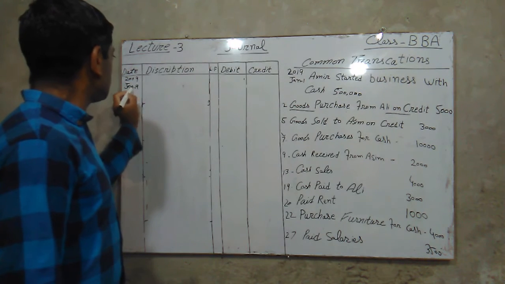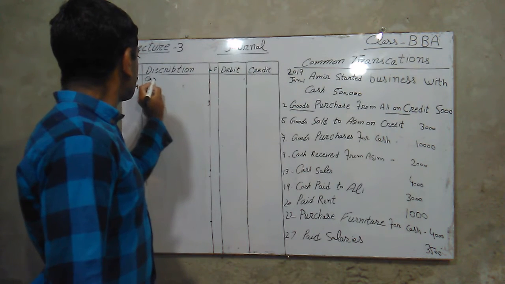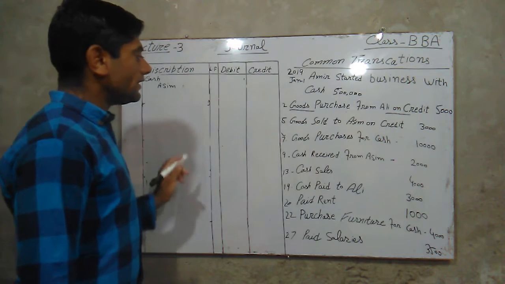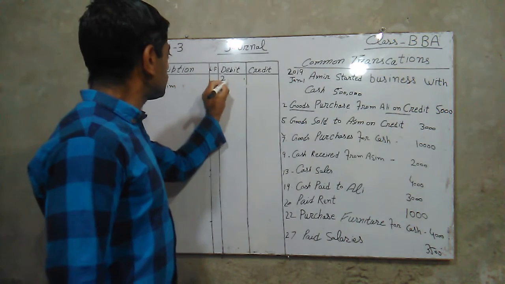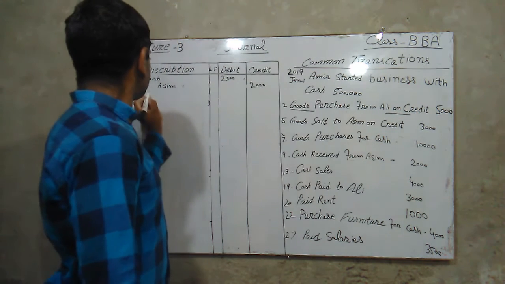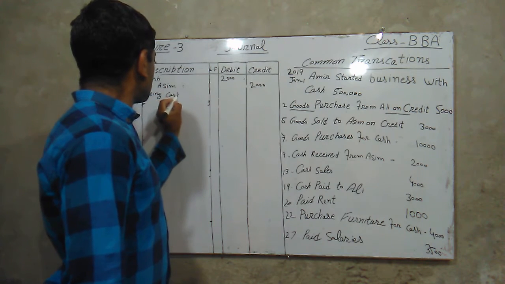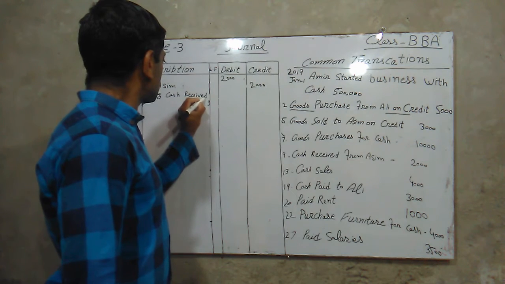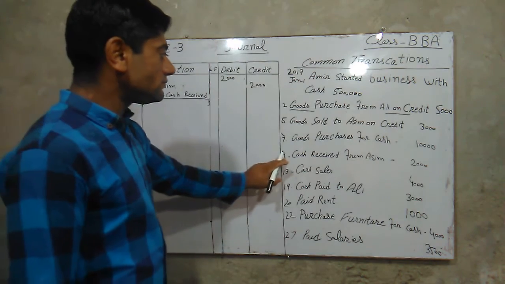Cash debit, Asim credit, with the amount of 2,000. Cash received.